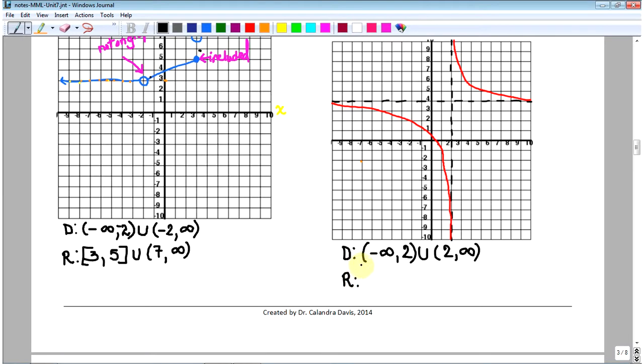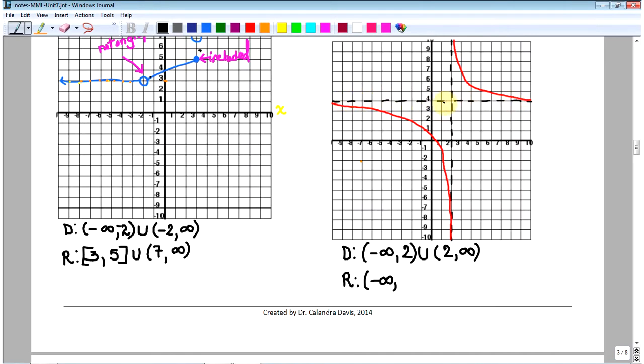Okay, for the range, we want to look at our y values. So starting with the smallest y value, since this function continues to go down, that means any y value that we pick will have a corresponding point on the graph. So my y's will start at negative infinity, and I have a corresponding point on the graph for all of the y values until I get to a y value of 4.